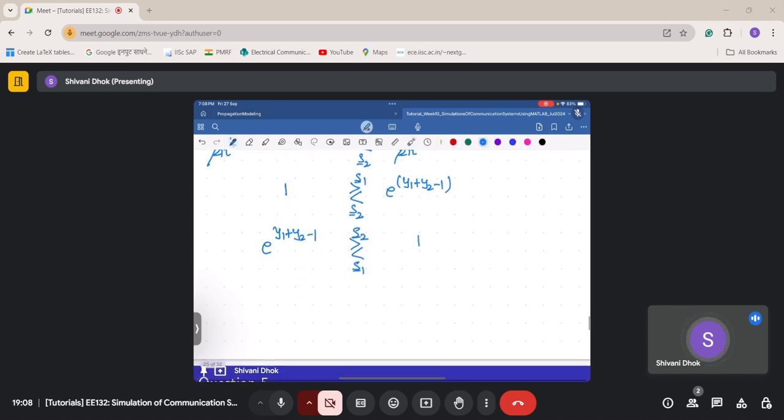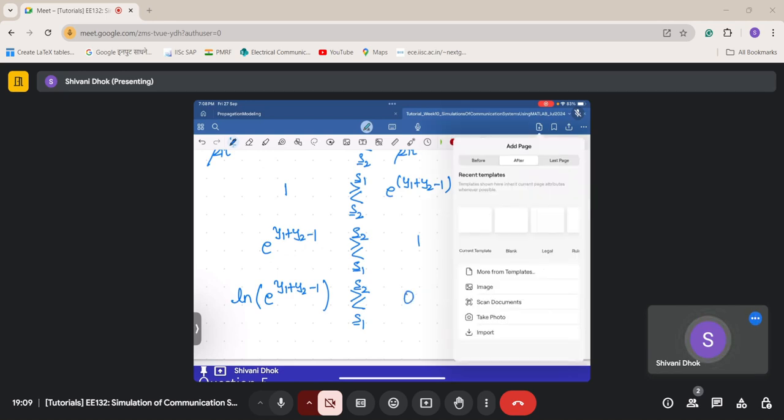Now we can take log, and log is a monotonically increasing function. So if I take natural log on both the sides, nothing will change. But we will get natural log of e power y1 plus y2 minus 1, greater than or equal to log 1, which is 0.